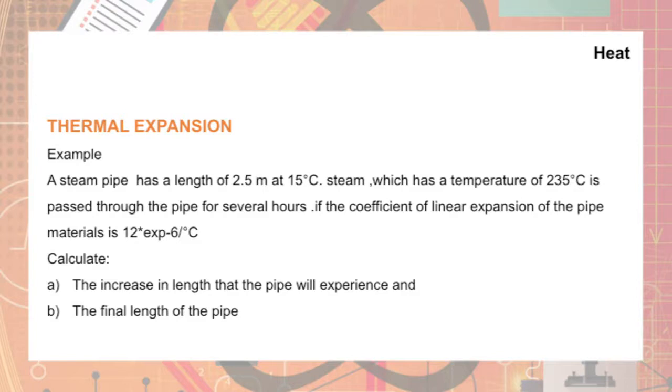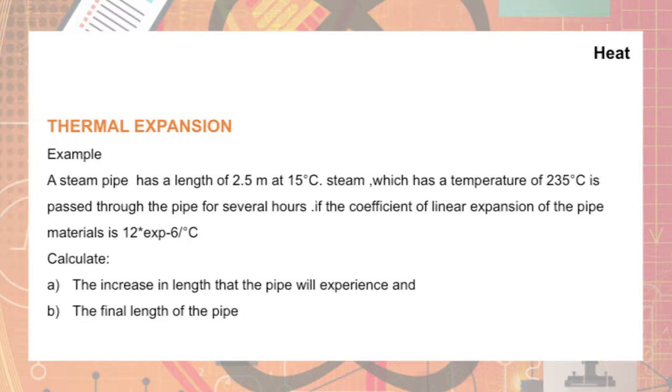If the coefficient of linear expansion of the pipe material is 12 by 10 to the power minus 6 per degree Celsius. What did we say? We said each and every material has its own coefficient of linear expansion. Now I want us also to focus on our PowerPoint slides.